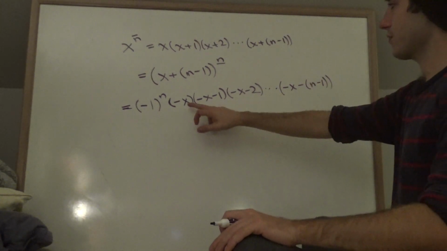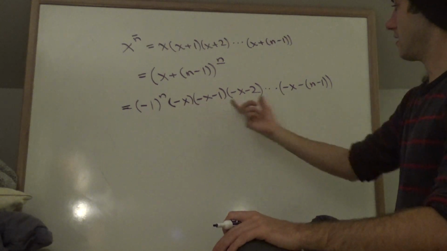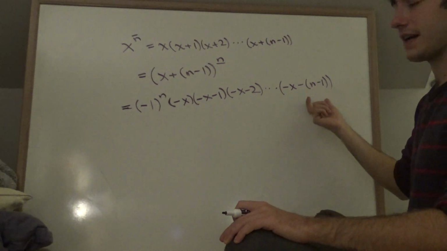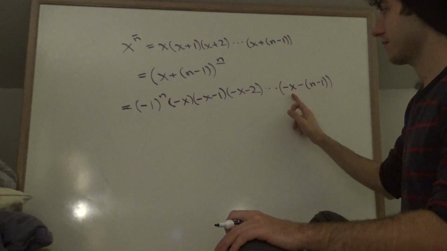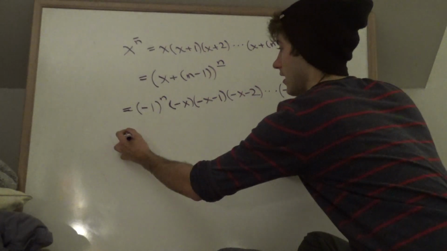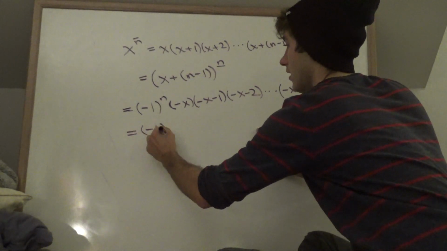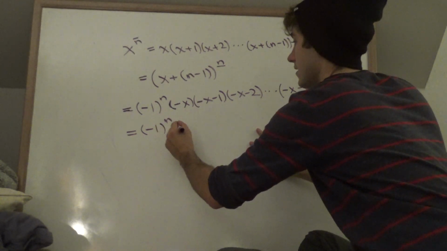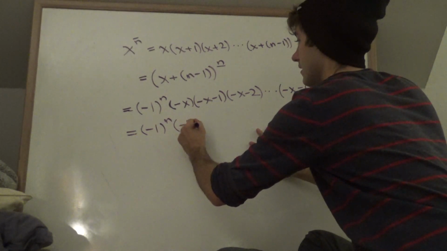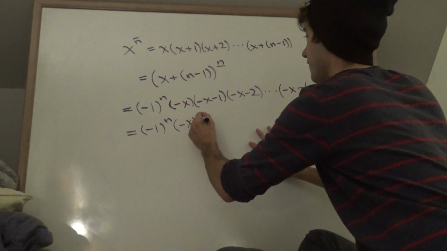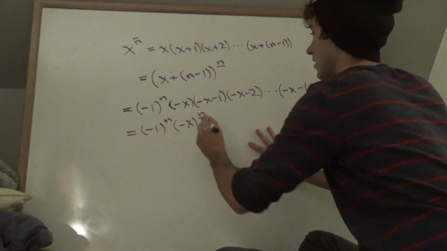Which means that this is really the nth falling factorial of negative x, right? So this is negative 1 to the power of n times the nth falling factorial of negative x.